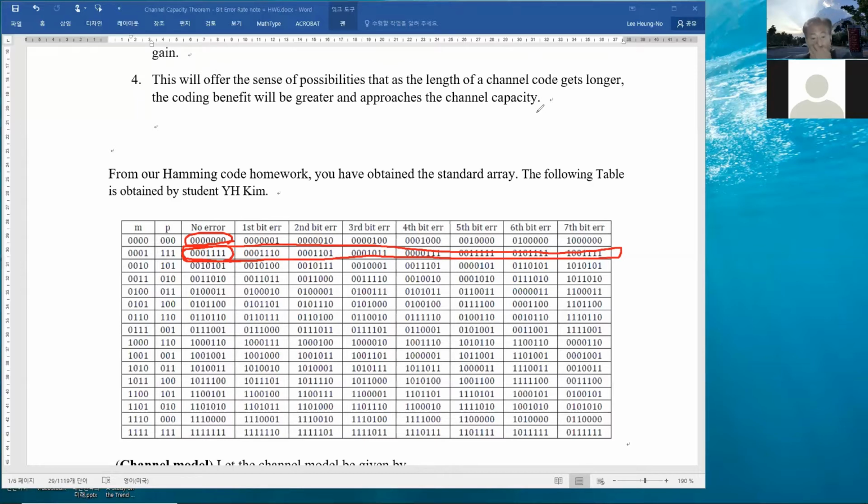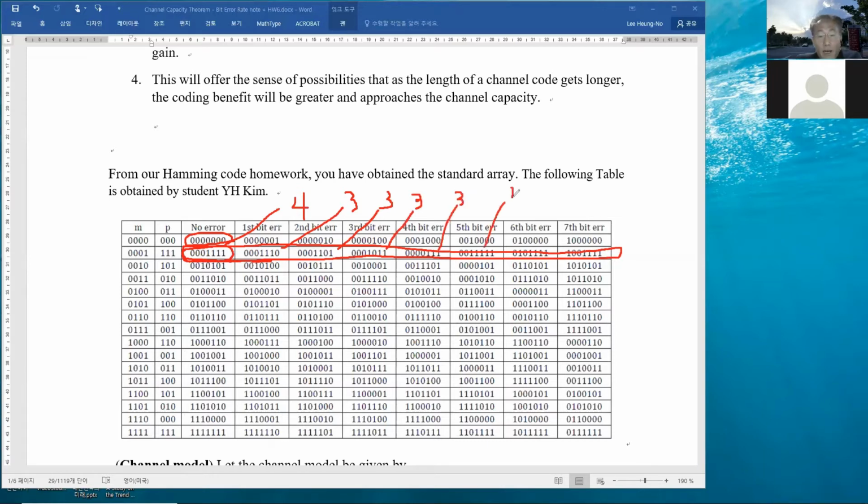Okay, and that means in this particular case, you made 4 errors, right? So 4 bits flipped, 3 bits flipped. This is an independent IID channel, so all you have to do is keep track of the number of bit flips. So this is 3 bit flips. This is again 3.